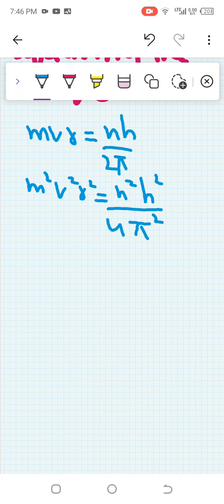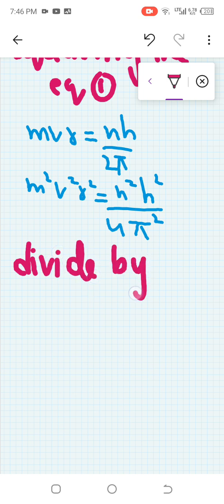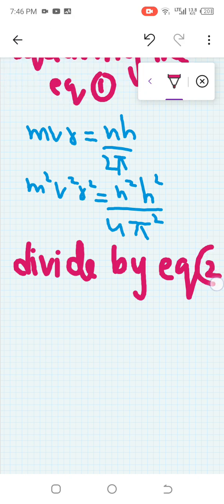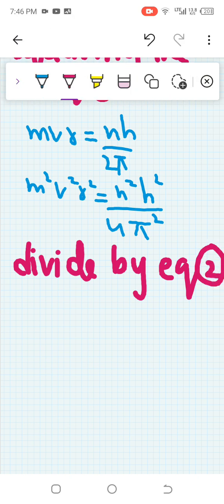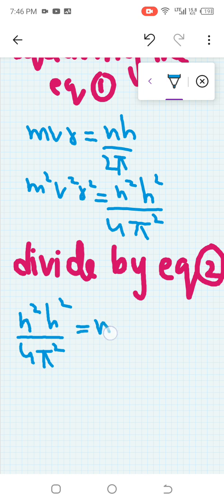Let me write here, divide by equation 2. So first I'm going to write the first equation, that is n square h square over 4 pi square is equal to m square v square r square.